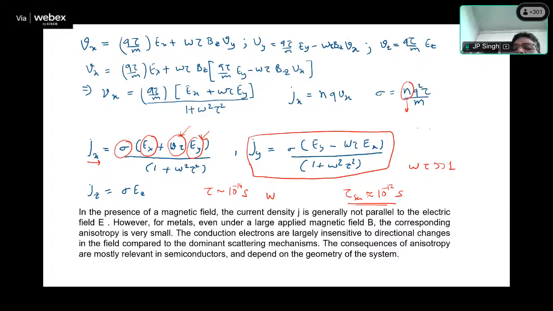You can think of someone moving in a very crowded area, where you don't get much deflection. But if you are in a rare place where the scattering centers are far apart, then you can see the deflection very easily. So there are multiple effects there.